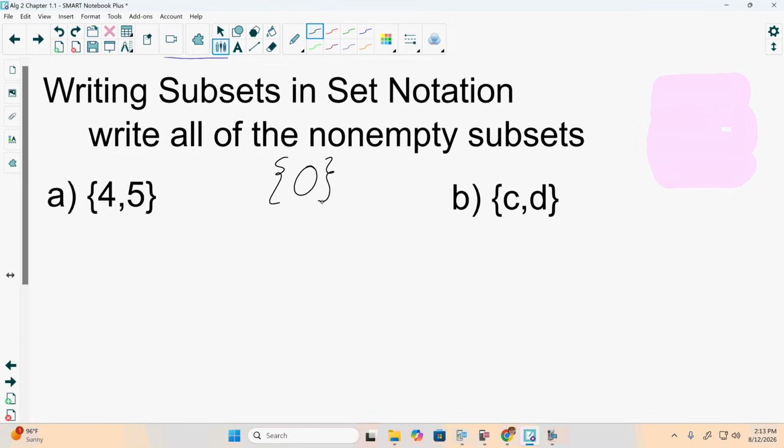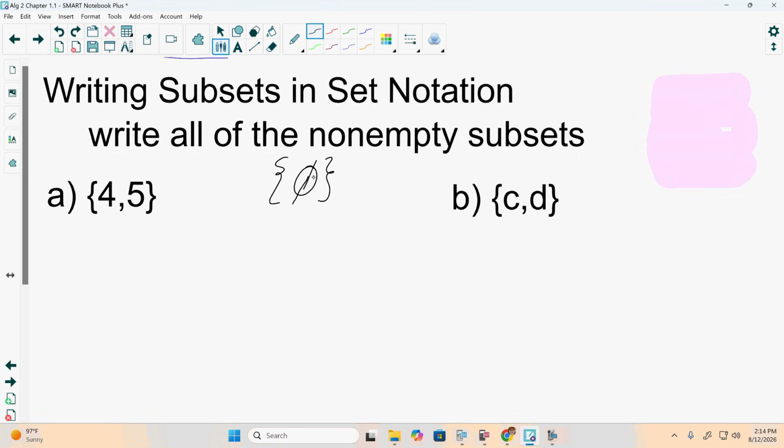This is the set containing 0. We're talking about sets, groups of objects. 0 is an object, 0 is a number. We're not talking about nothing; we're saying that the number 0 is contained in it. If I wanted to say an empty set, we have a 0 with a line through it. This here says that we are talking about the empty set.